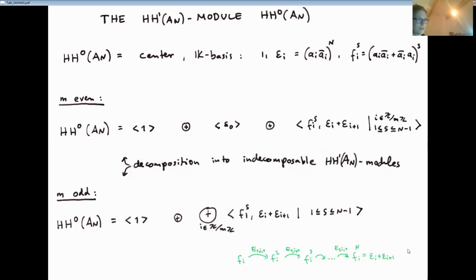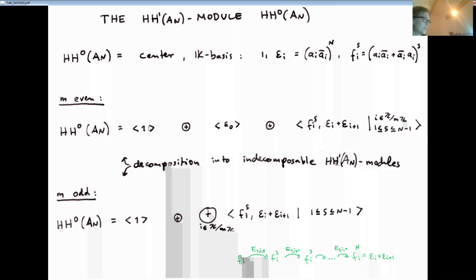This looks like a Virasoro module, where you start out with Fi, and whenever you take the Gerstenhaber bracket with E1I1, you increase the power of F until you arrive at Fi to the n, and Fi to the n agrees again with the sum of epsilon I and epsilon I plus 1.